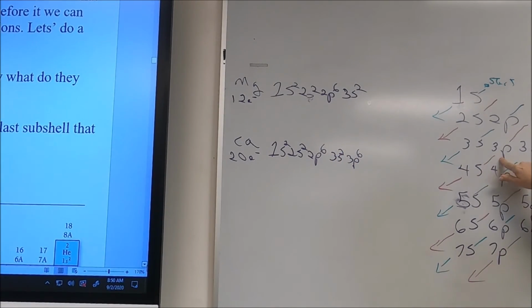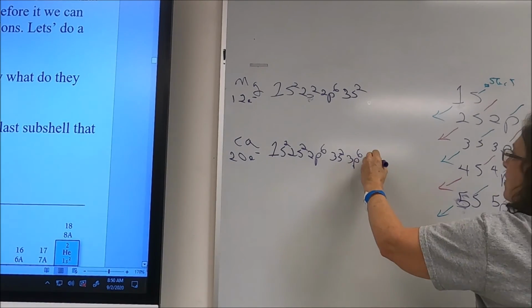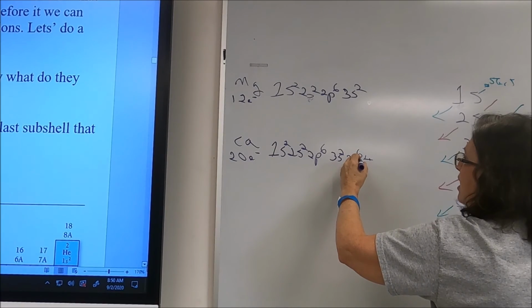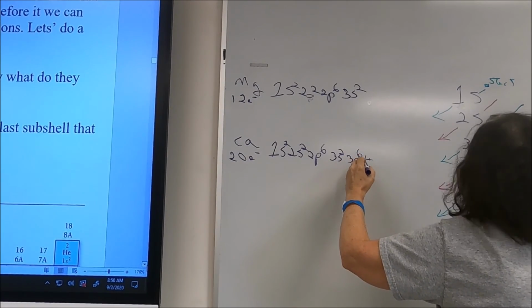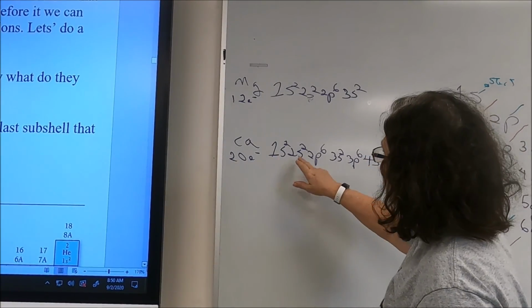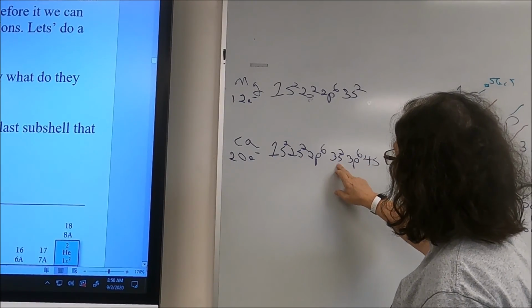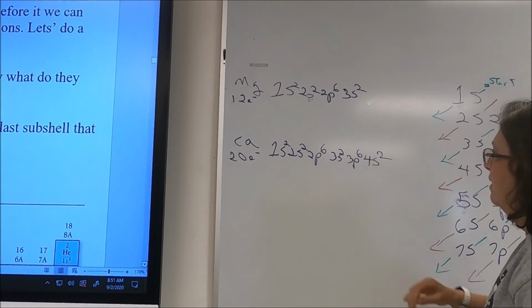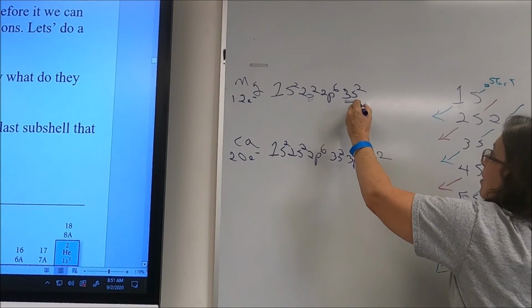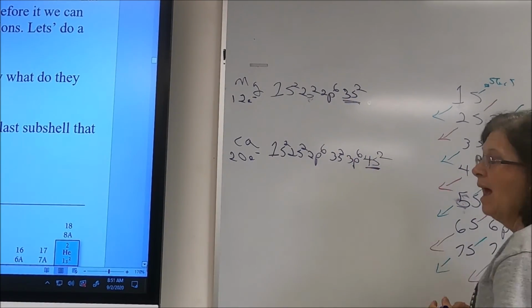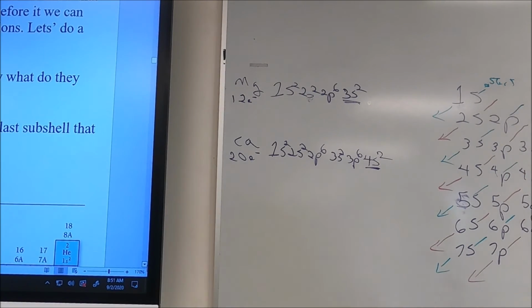And after 3p in energy comes 4s, and 2 more gives us 20. So I want you to notice here that magnesium ends in an s subshell with 2 electrons. Calcium here ends in an s subshell with 2 electrons.